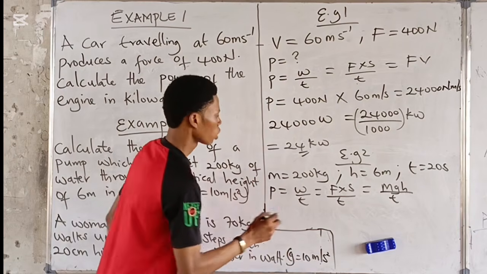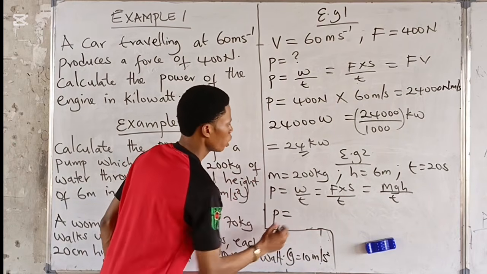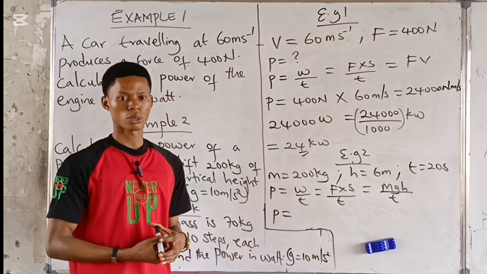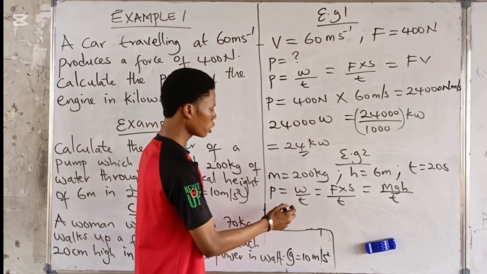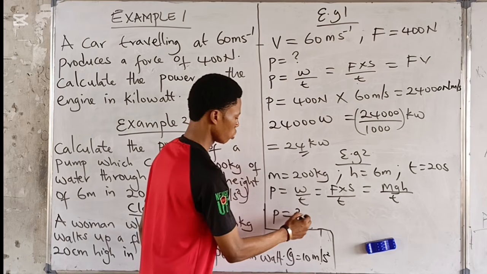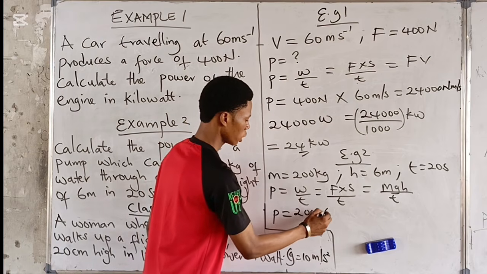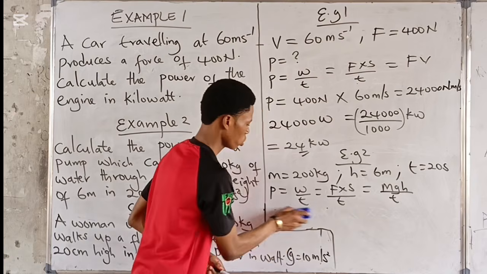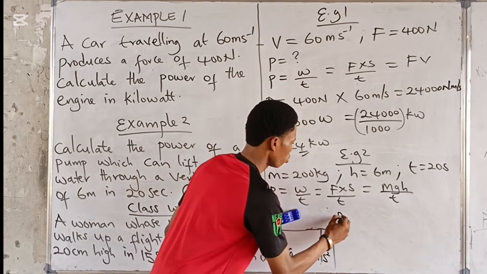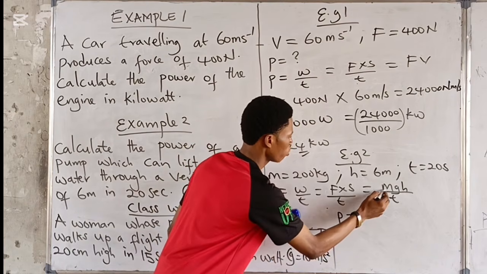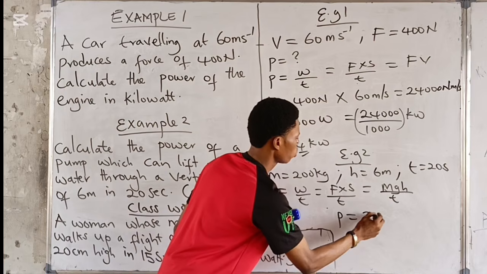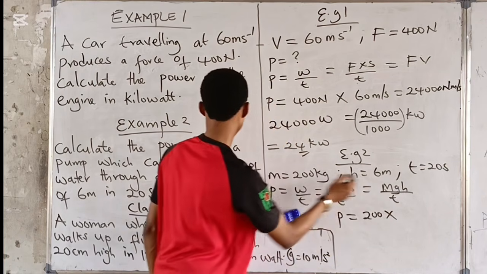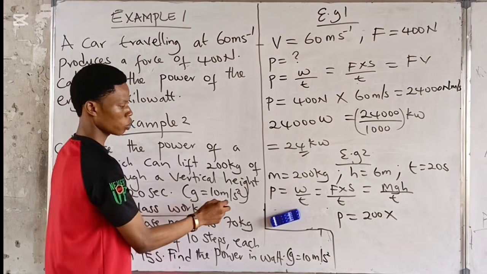Now look at this. Power will be equal to m, and we're given m as 200 kilograms, times g. From the equation, we're given g as 10 meters per second square.